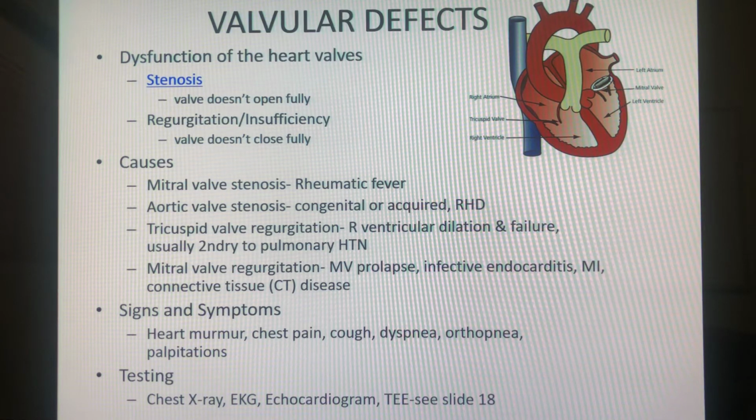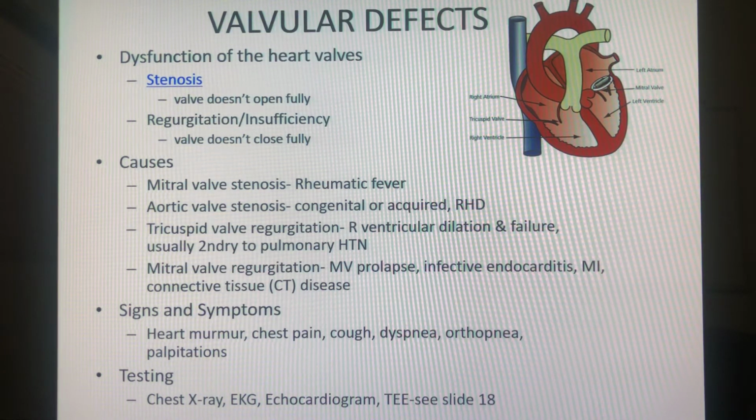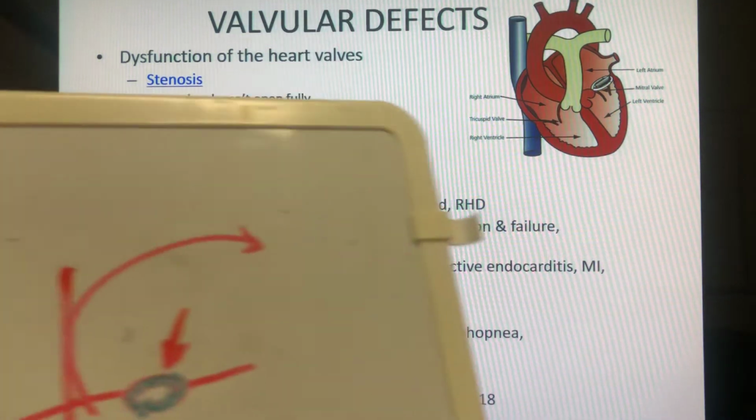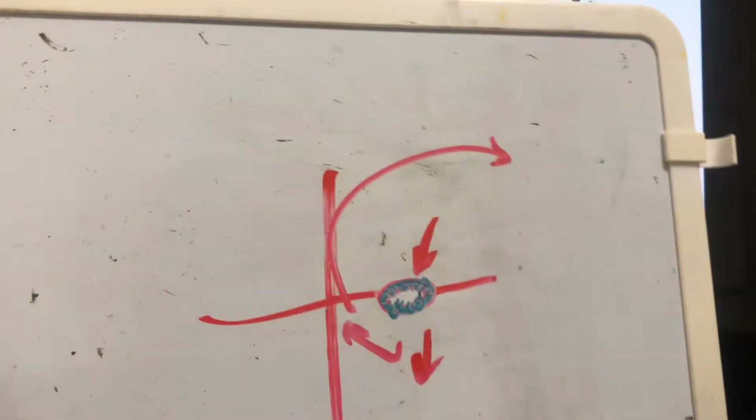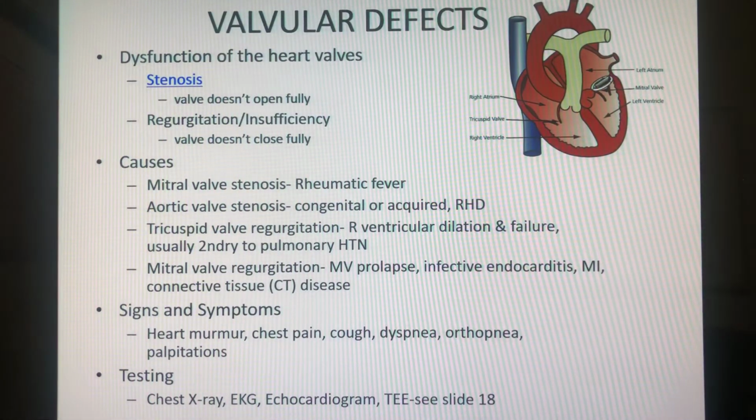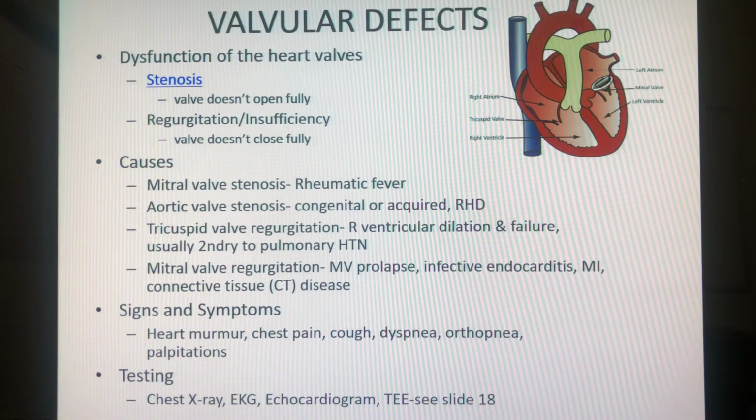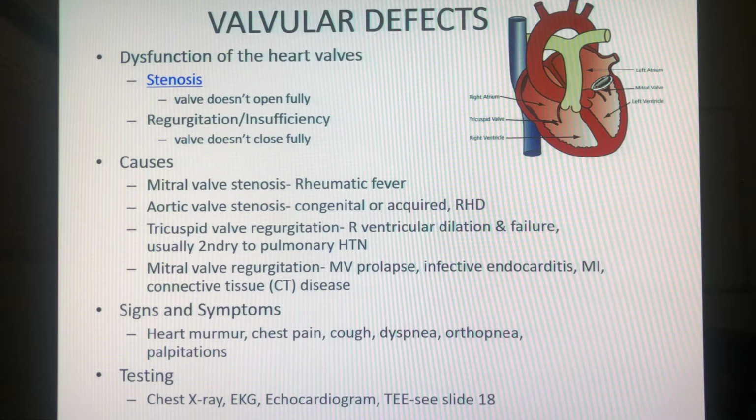Then they have that big war and create these vegetations that I was talking about on the valves. So it could make the valve stenotic, meaning it doesn't open fully or it's narrowed, or of course it can cause regurgitation, insufficiency, or prolapse.